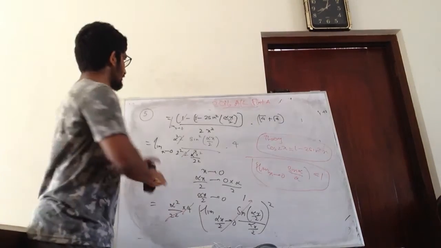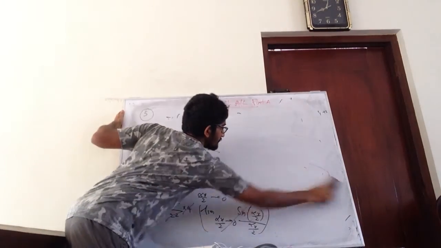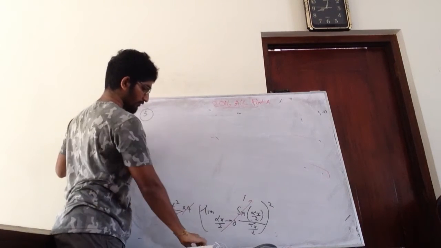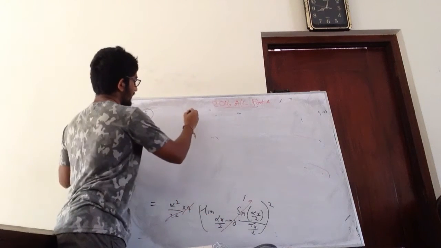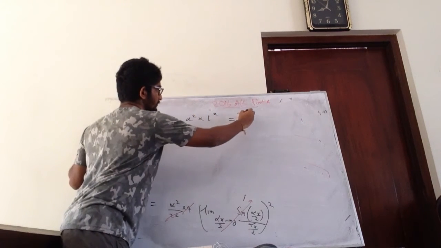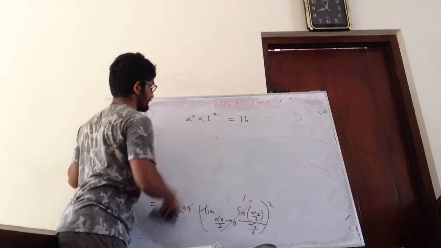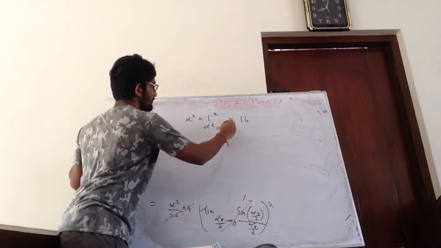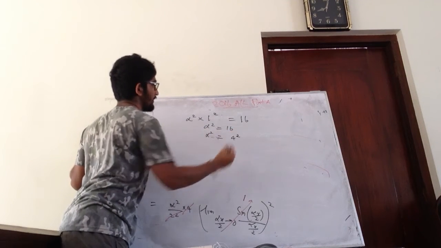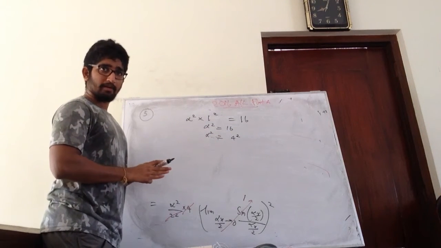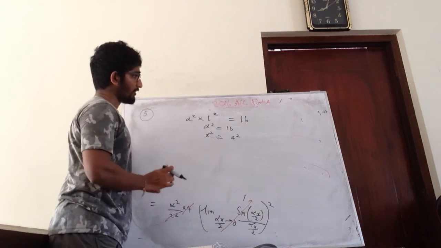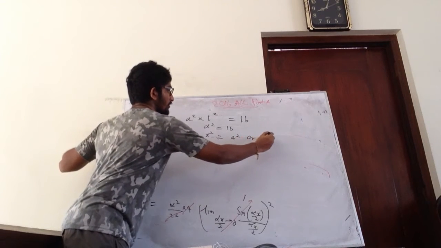Right, write this down. You come up to here, then you get alpha square times 1 square. So this is equal to 16. Basically alpha square is equal to 16. This is basically 4 square. So alpha can be 4 or minus 4.